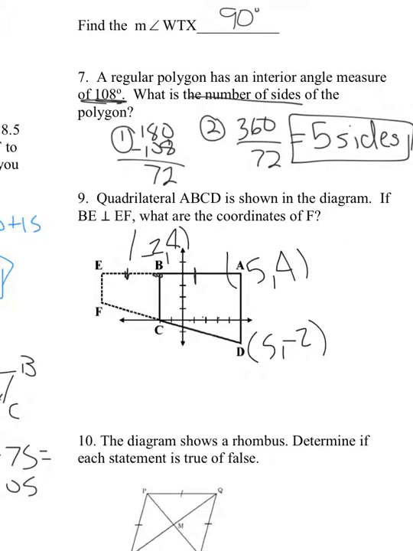So when you're at B, B is at negative 2, 4. And so, from positive 5 to negative 7, that's 7 units. So if you think about being here and going back negative 7 units, that's going to take you to negative 9.